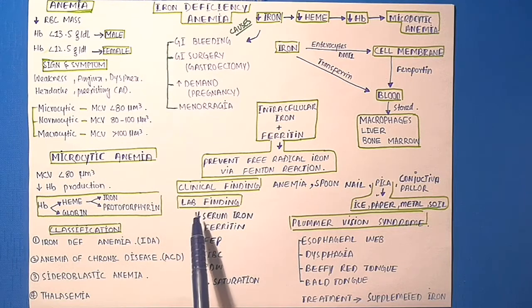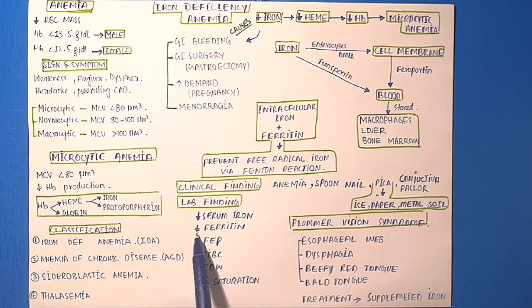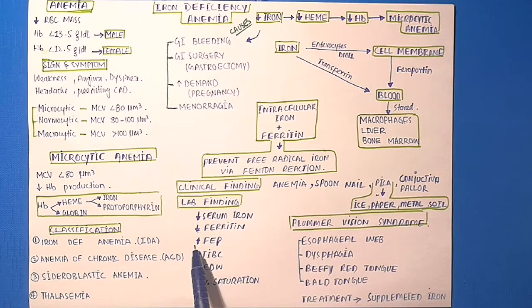Lab findings: decreased serum iron, meaning the iron in the blood is less, and decrease in ferritin level, the iron storage in macrophages and liver, increase in FEP, the free erythrocyte protoporphyrin, and increase in TIBC, the transferrin molecules in the blood. Percentage saturation is the transferrin molecule that is bound to iron.